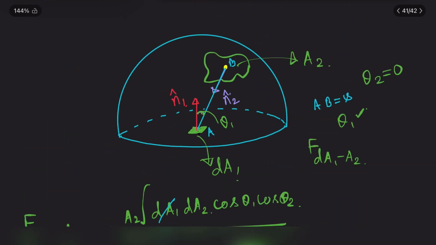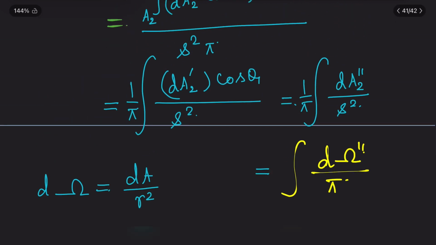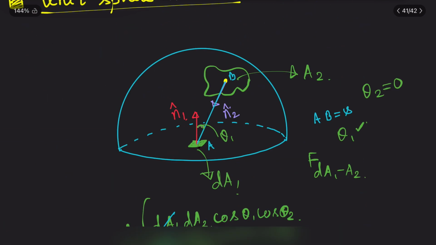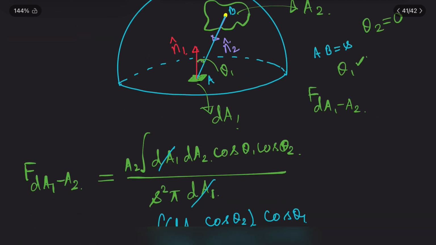If you know the position of B, you can find this dA2 double dash, and also you can find this a square, maybe in terms of theta. So this is also a technique, but having said that, I must warn you that these techniques will not simplify your life for any problem.